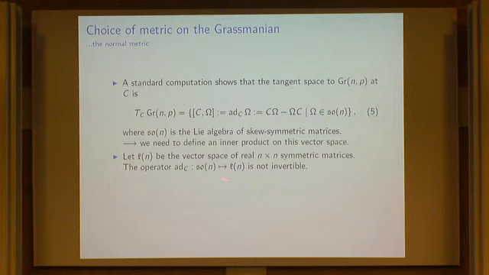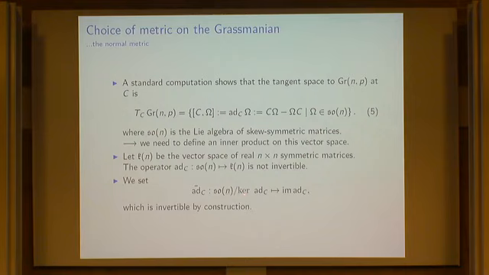Now, observe that this operator at C, from here to here, is not invertible. But we can make it invertible, and you're going to see why we want to do this, in a fairly trivial way, by just restricting to its image and modding out its kernel. That will make everything invertible.